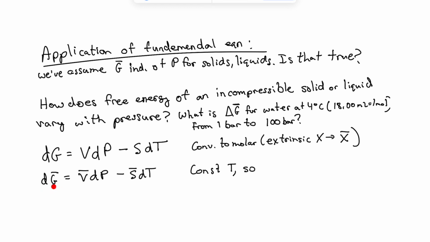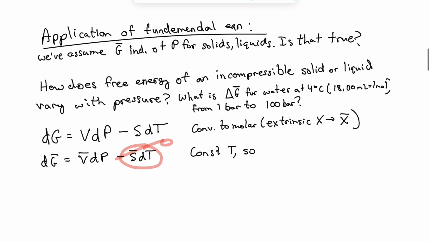So dG bar, the change in molar energy, is V bar dP minus S bar dT. Since we're at constant temperature in this process, we can cut that term and take it out, and we get a very simple equation. dG bar is equal to V bar dP.